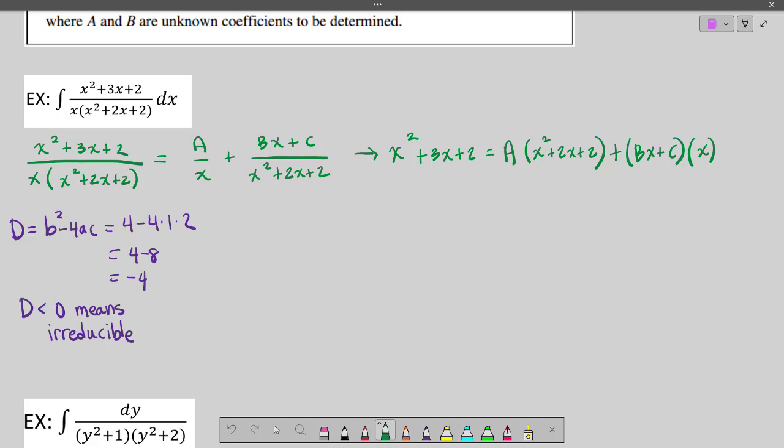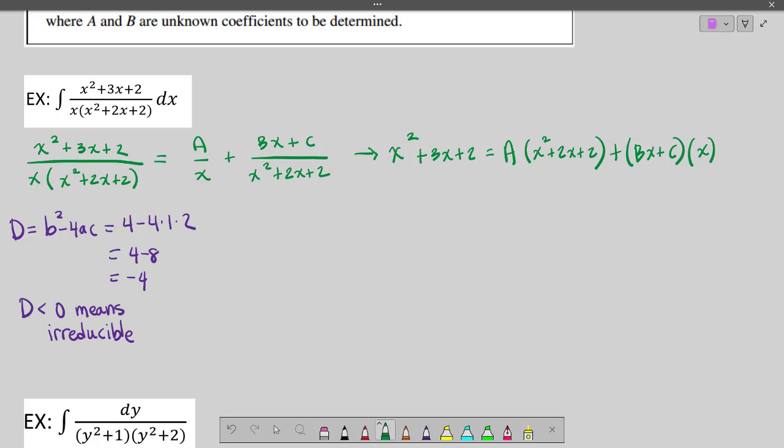Now, we could try to do a hybrid model here, but whenever there's an irreducible quadratic, you could create a more complicated system, but usually with an irreducible quadratic, at some stage you're going to want to do the traditional method with that irreducible quadratic.